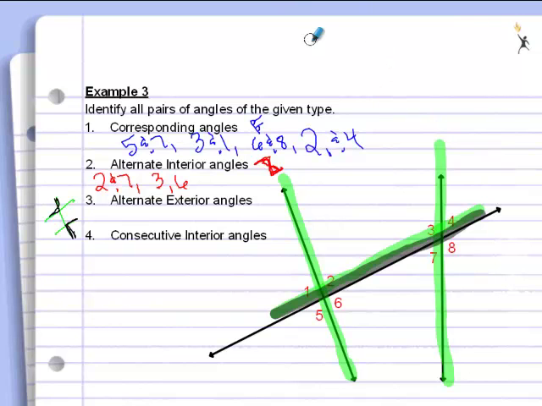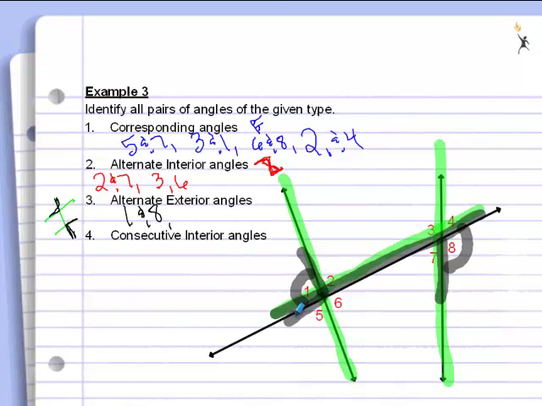I hope you can actually identify two pair, because angle 1 and angle 8 are alternate exterior angles. 1 and 8. Now there's another pair that I hope just jumps right out at you. Hopefully it's like an elephant in the middle of the room.